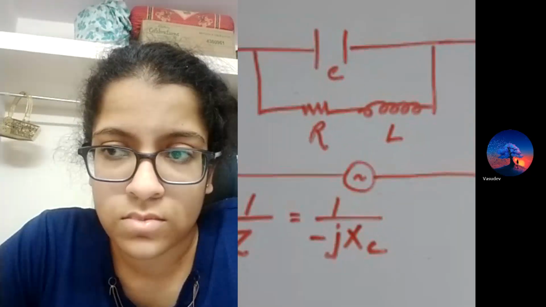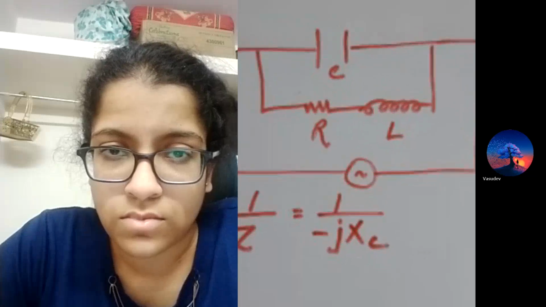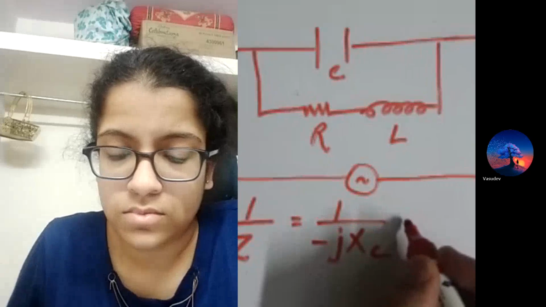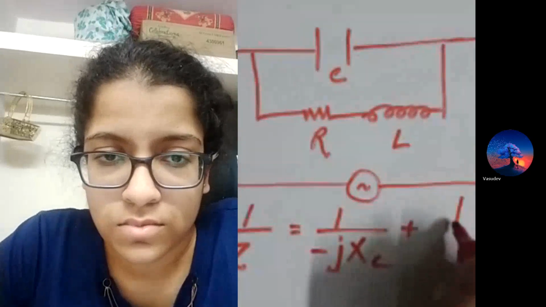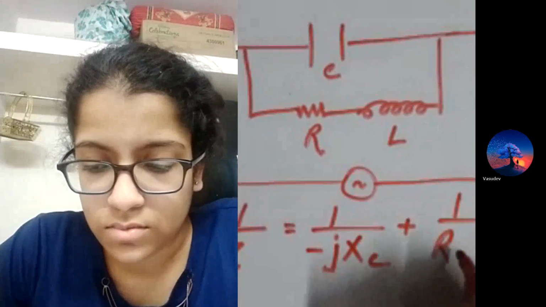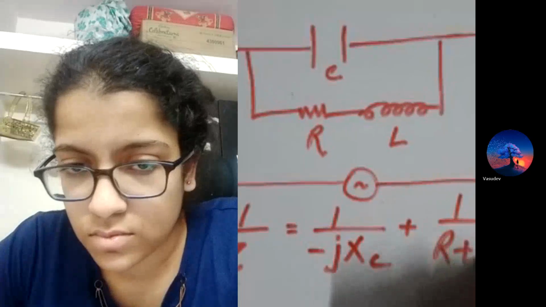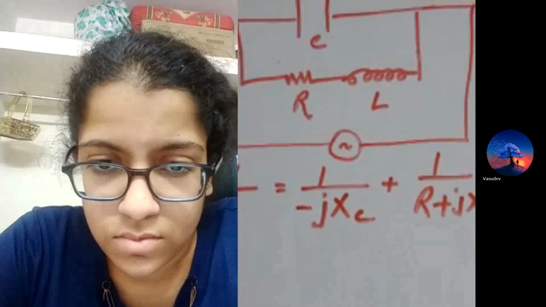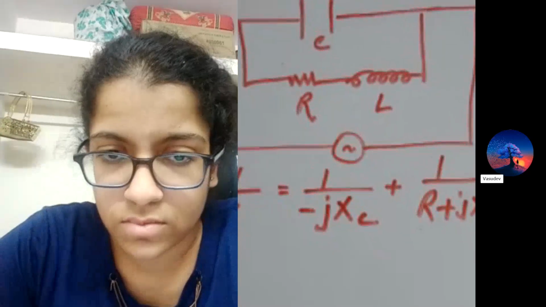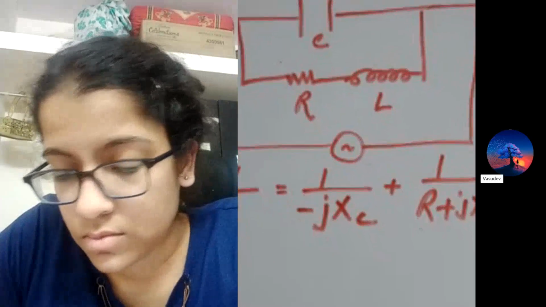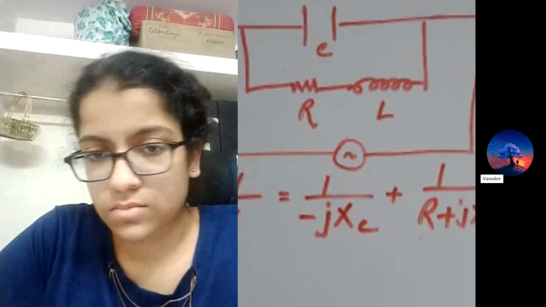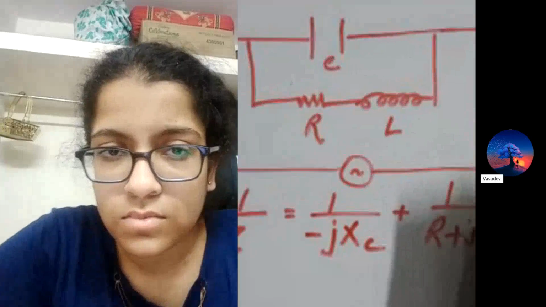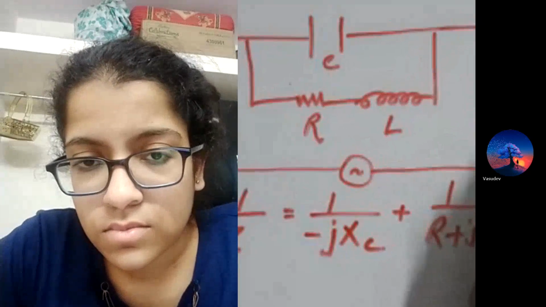For the capacitor over here, it is minus J. For the other component, what I should write is obviously 1 by R plus J XL. Do you concur, Vasudev? So what is J again? J is e raised to the power J pi by 2, Vasudev.